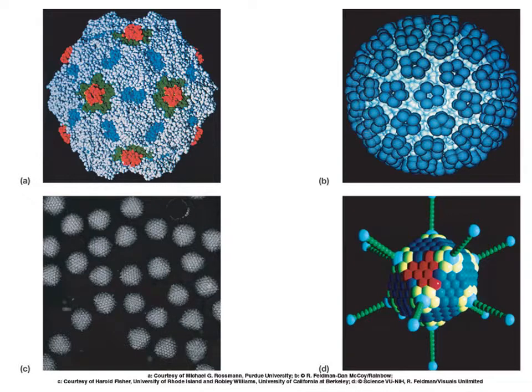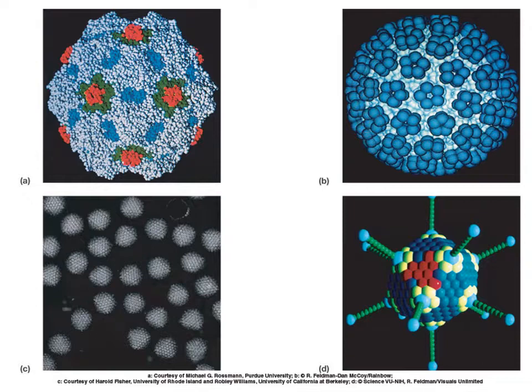Here we have some examples of icosahedral capsids. Starting with A, this is the canine parvovirus, which contains 12 capsomers. Across to B, this is a computer image of the polyomavirus. This is a virus that causes a rare demyelinating disease of the central nervous system, and it contains 72 capsomers.